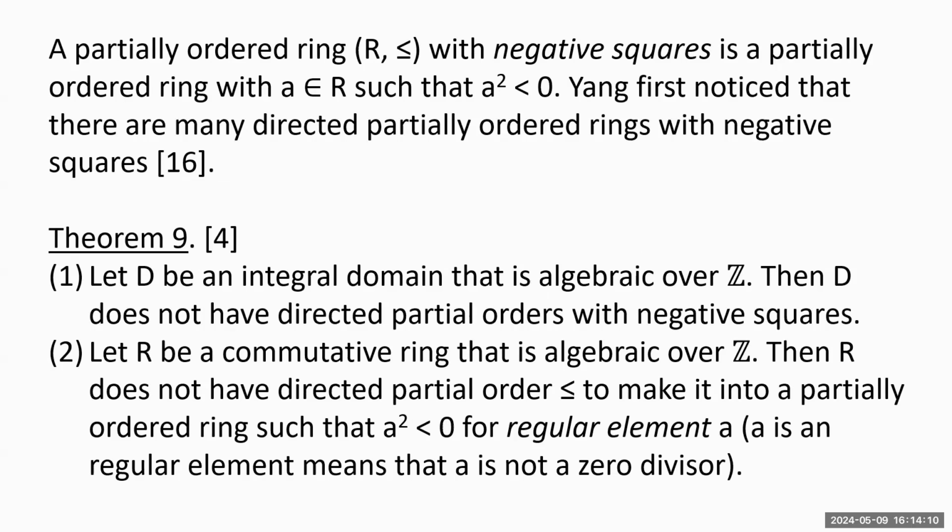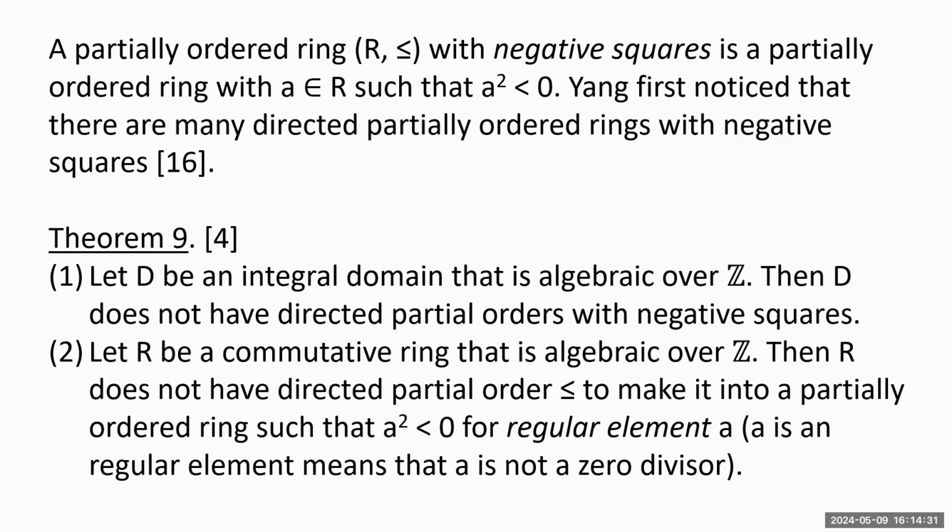Okay, a partial order ring with negative square is a partial order ring with an element a such that a squared is less than 0. Yan first noticed there are many directed partial order rings with negative square.